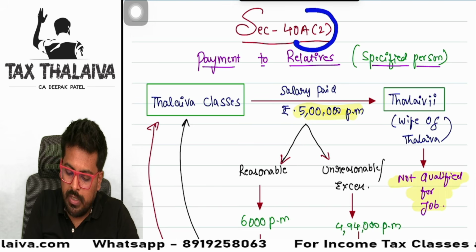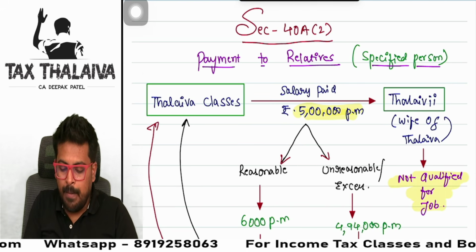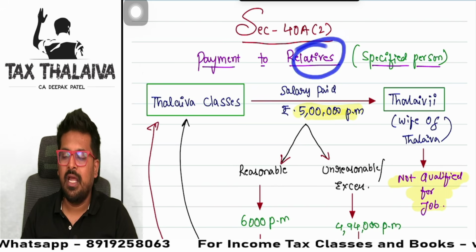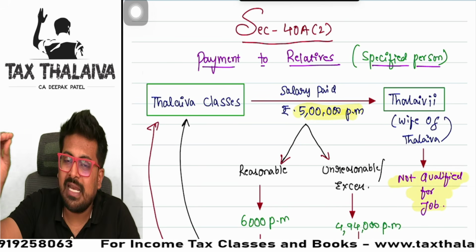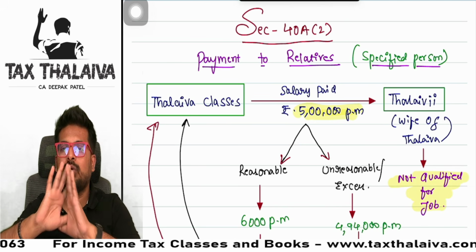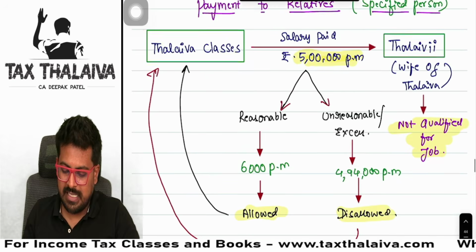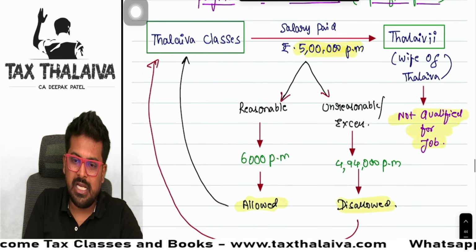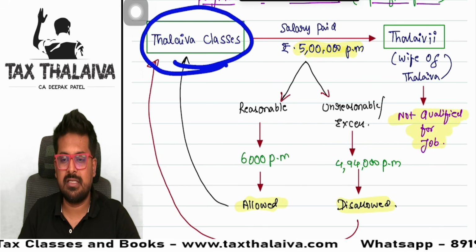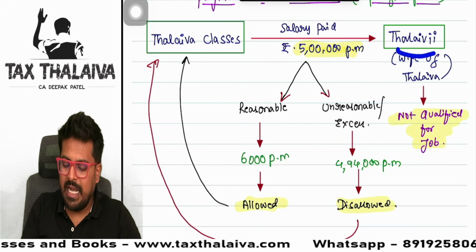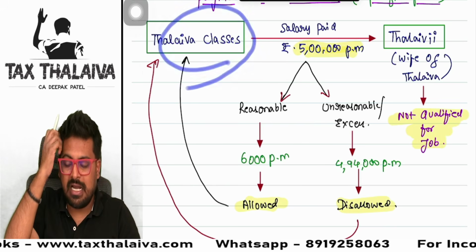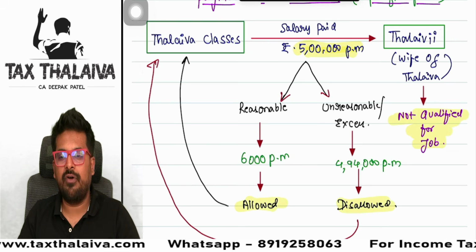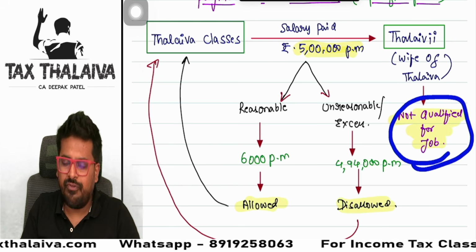Now we will move on to the next section, 40A(2), payment to relatives. Guys, if you make any excess payment or unreasonable payment to a relative, that is disallowed. Let's take one example. Let's say there is one coaching institute, Thalaiva Classes, and there is one lady called Thalaivi, wife of Thalaiva. Thalaiva is the owner of Thalaiva Classes. She is not qualified for any job.